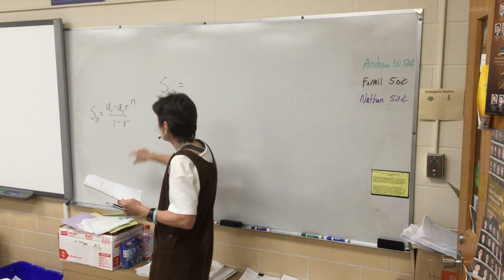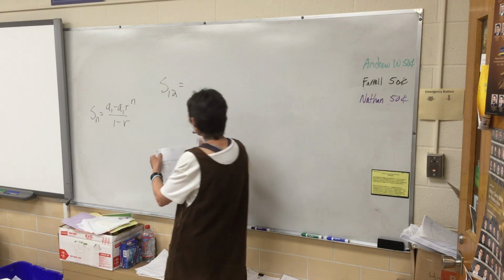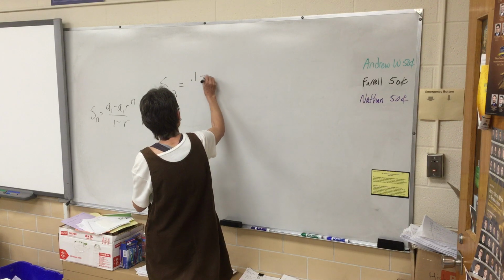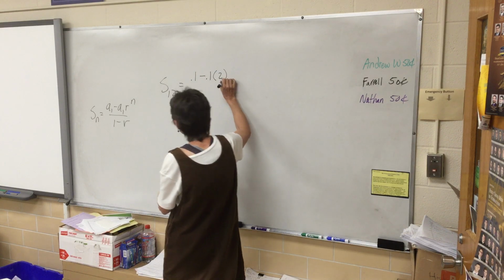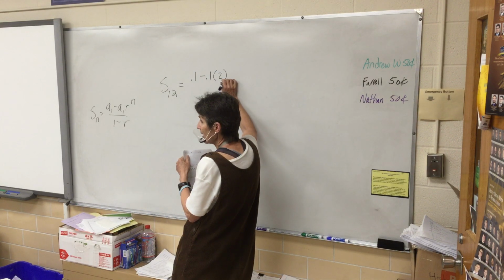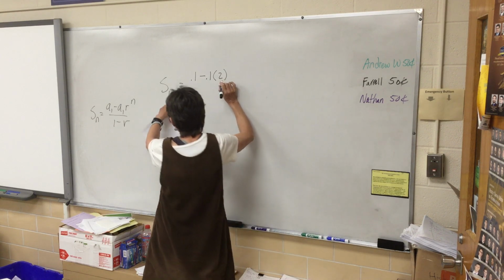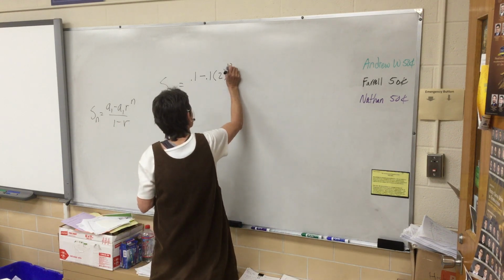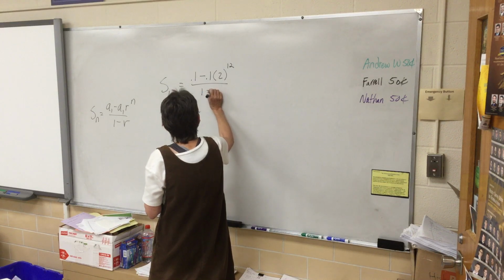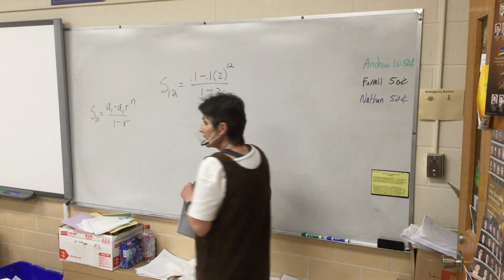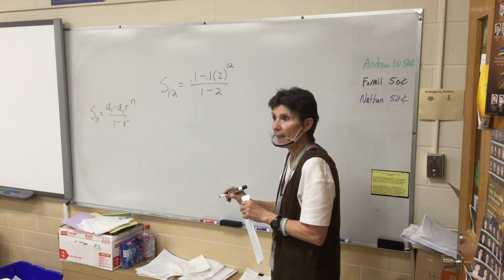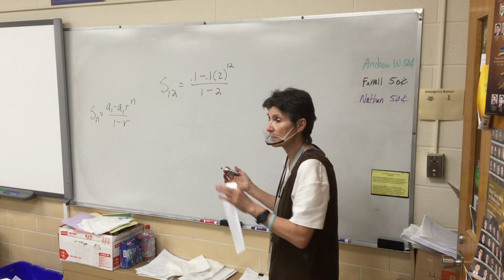Yep. So here we go. The first term is 0.1. The ratio is 2. You already figured that out. N is 12. Do I need to find anything else? I got everything I need. This is awesome.